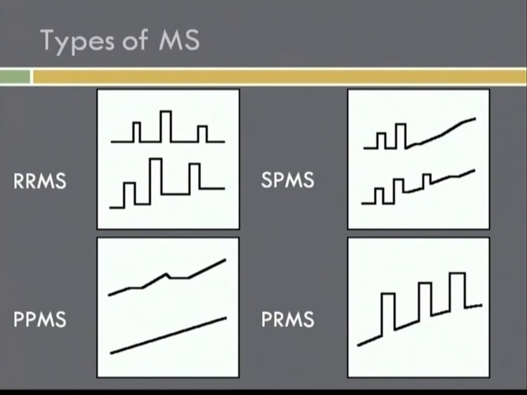So the chart in the upper left-hand corner is relapsing remitting MS. That's the most common kind of MS. And all you see there are the rectangular bars. Those are attacks. So that is an attack-only form of MS.